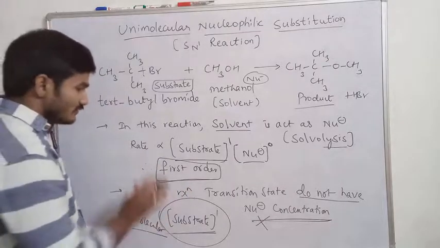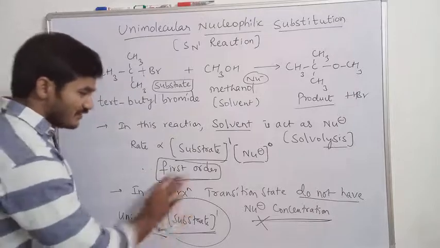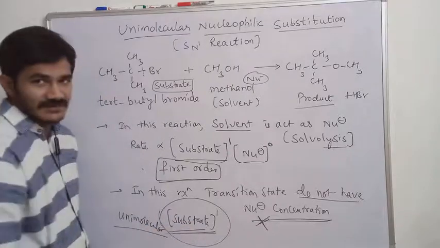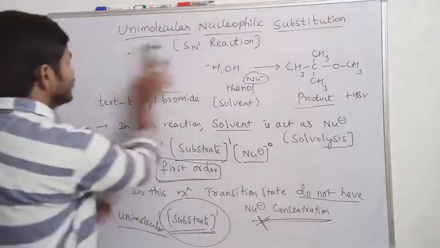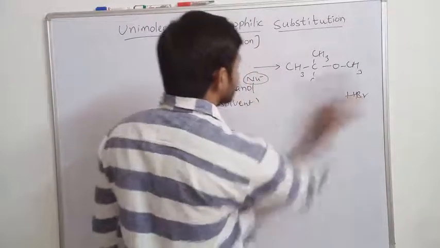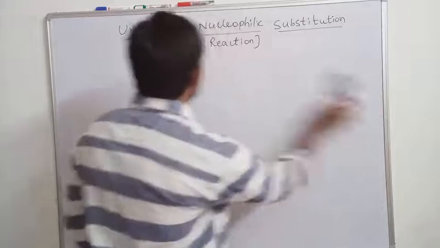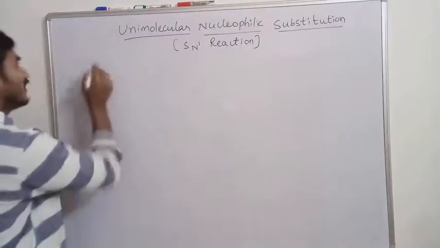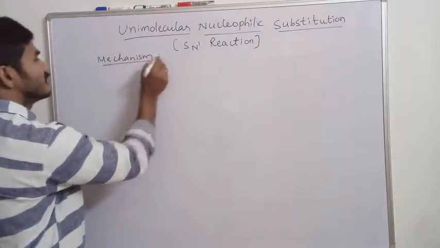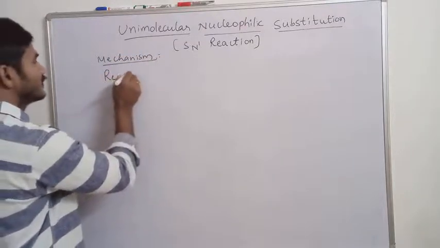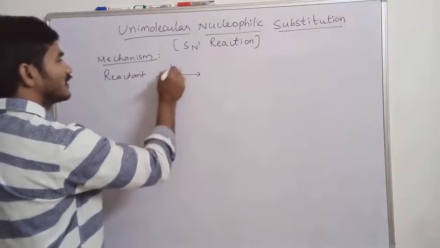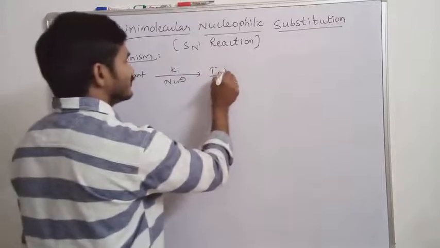Now we will see the mechanism so that we can understand how it is first order, why the nucleophile does not play a role, and why only the substrate is involved. So I will write the mechanism here, for the same molecule, tertiary butyl bromide. The mechanism of the SN1 reaction involves several steps. First, the reactant in the presence of nucleophile converts into one intermediate.